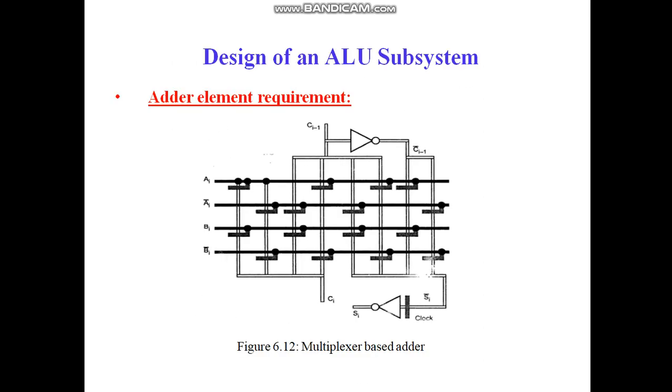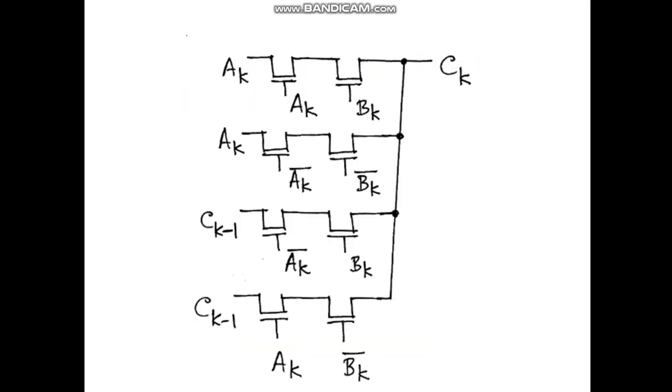That is from this circuit. That is, when AK and BK are both the same, CK is same as AK or BK.